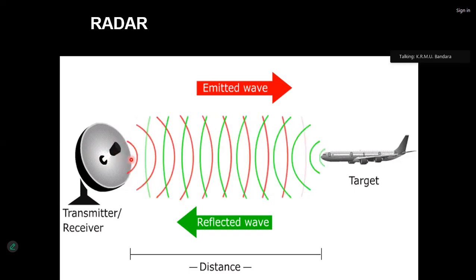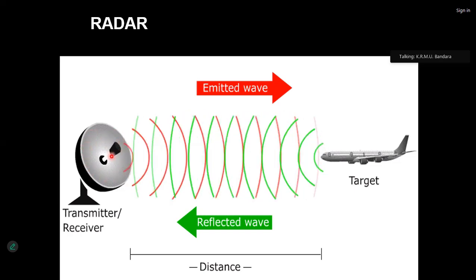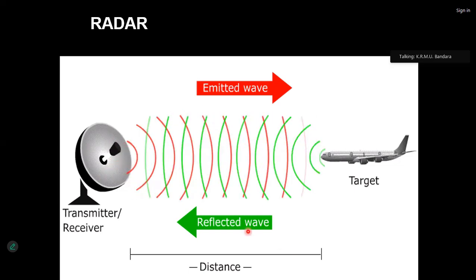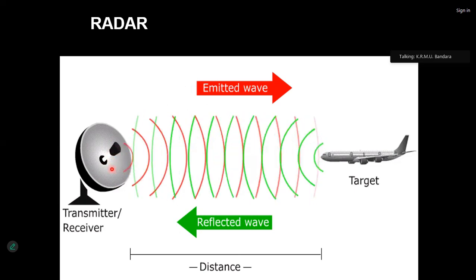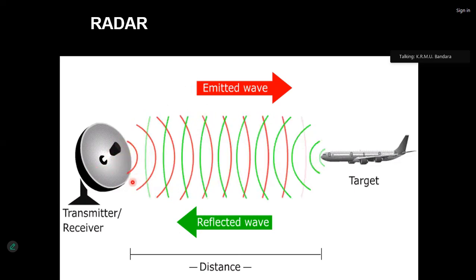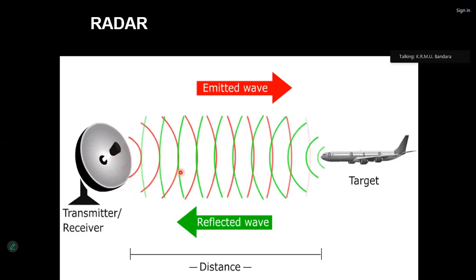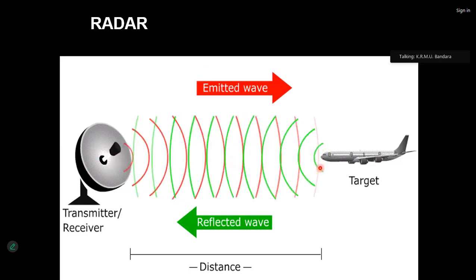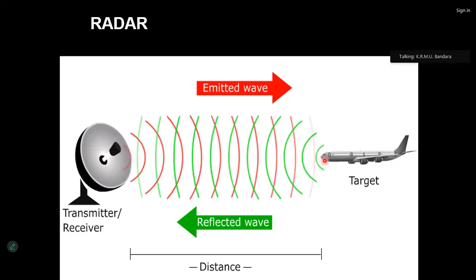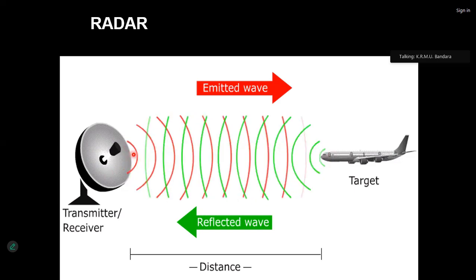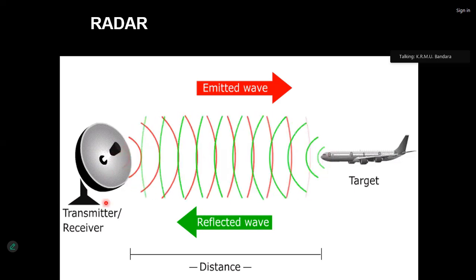When sending the microwave from the transmitter, it is given in all radial directions, going everywhere. If there is an object touching here, the echoes coming back are also going in the radial direction everywhere, but one part is coming to your transmitter and receiver.